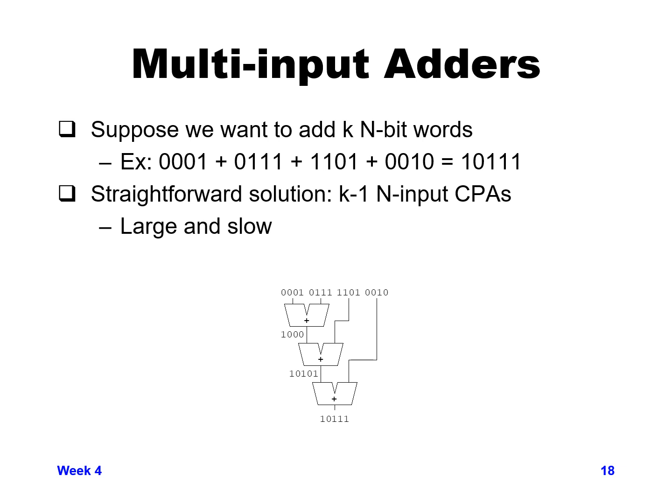So it would require k minus 1 total adders that are n bits wide. The problem is this is going to be large area-wise. We have 3 adders here now instead of just 1, and it's going to be very slow because it's 3 times the amount of delay as going through just a single adder. So let's go through how we can potentially solve this and make a slightly faster and smaller design.